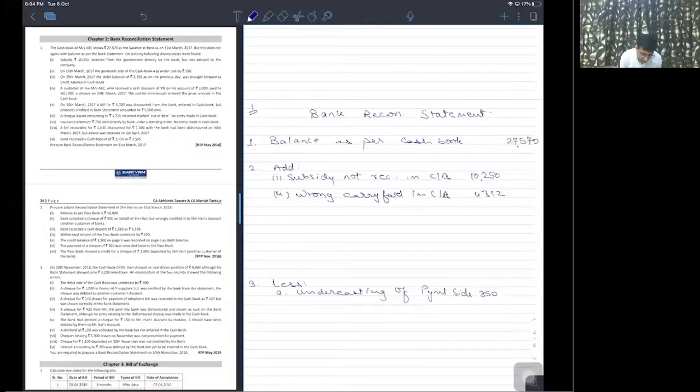The cashier erroneously entered the gross amount in the cash book. अब यहां थोड़ा सा डाउट क्रिएट होता है. प्रथम, मेरे कैश बुक में फेवरेबल बैलेंस था, पासबुक में भी फेवरेबल बैलेंस था. मैंने वो कैश बुक में फेवरेबल बैलेंस नहीं दिखाया, तो मेरा फेवरेबल बैलेंस बैंक के कंपैरिजन में कम हो गया, और उल्टा मैंने उठा के वो ओवरड्राफ्ट लिख दिया, तो मेरे कैश बुक में और डबल अमाउंट हो गया, इफेक्ट हो गया या नहीं? So cash book to passbook add with the double amount for the previous one or not?